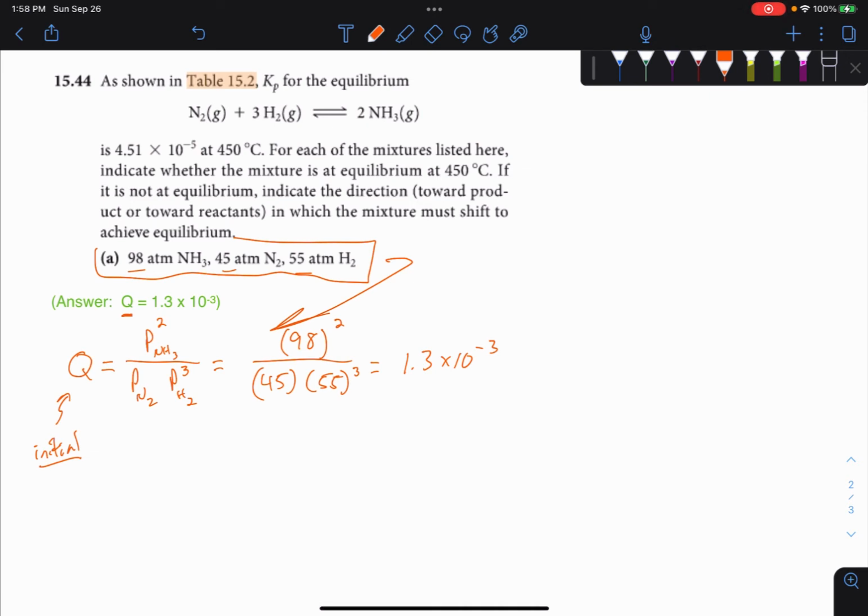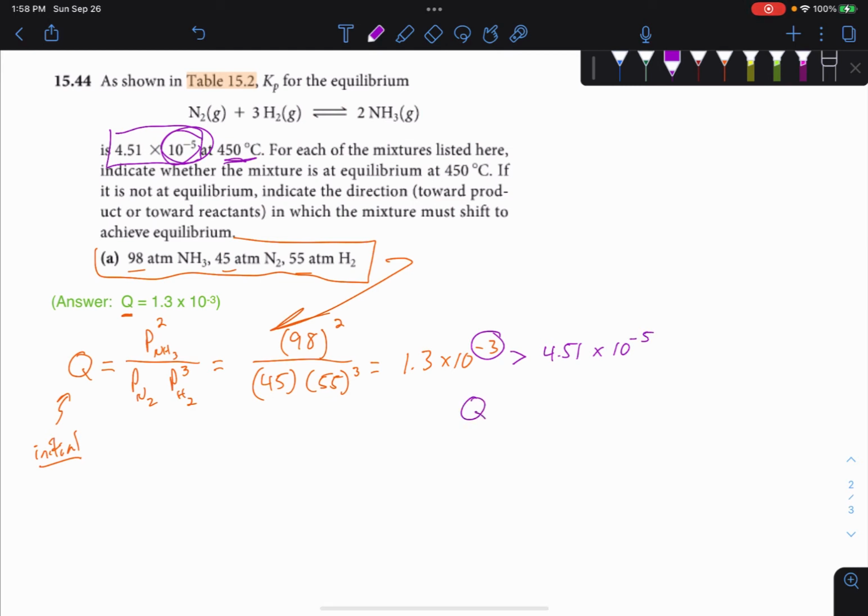Okay, so that would be the value initially. And notice in this problem, it actually gives you the Kp, the equilibrium expression for this particular temperature. What we have to notice is that the exponent here, 10 to the minus 5, is much smaller than the 10 to the minus 3 that we get for Q.